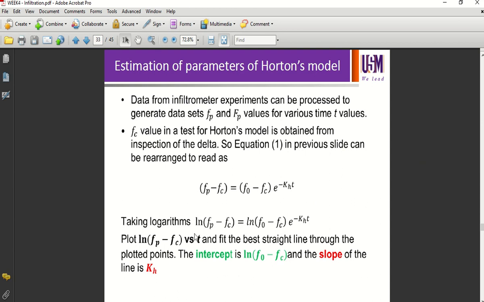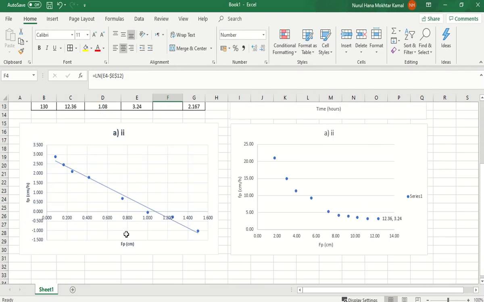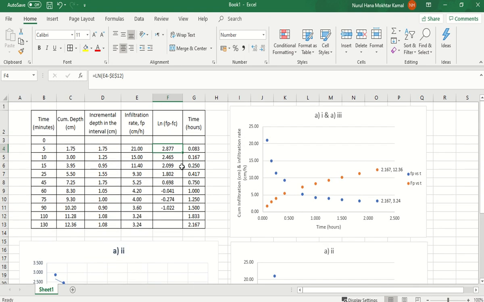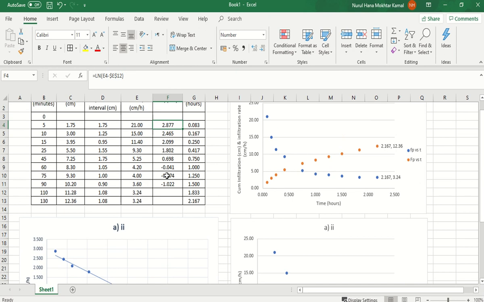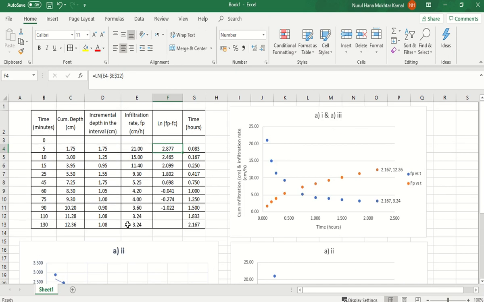Then you can get the intercept is equal to this one. Then you can solve this for f naught, and then the slope is actually the Horton's decay coefficient. So for this one, you just plot this value, no, it's actually ln of fp minus fc versus time, this column versus this column.